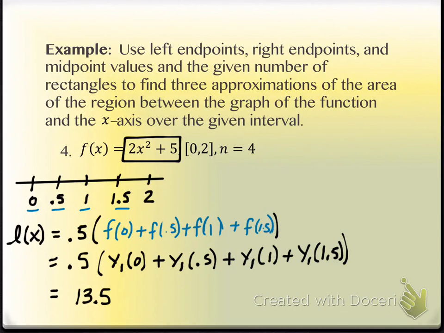Did you guys put 2x squared plus 5 in your y equals menu? Oh, yeah, those parentheses matter. Oh, you pulled it back up here. If I'm good at one thing, it's doing things wrong. y1 of 0. Hang on.